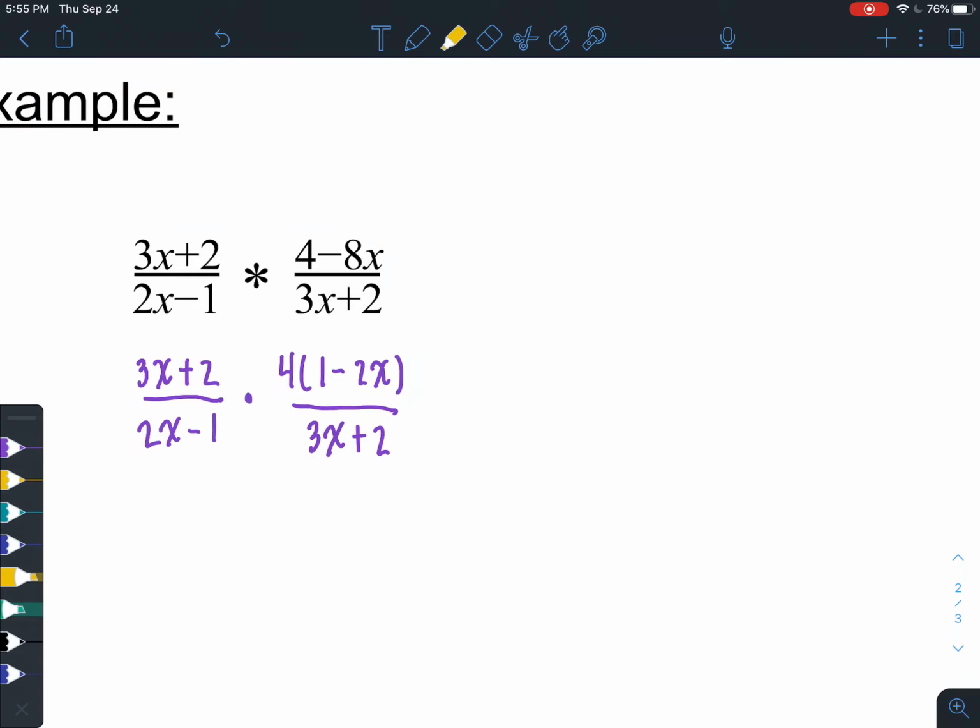If you notice here, this and this are opposites. So I'm going to go ahead and factor out a -1 from the denominator of this one here. We only want to do it for one of them.